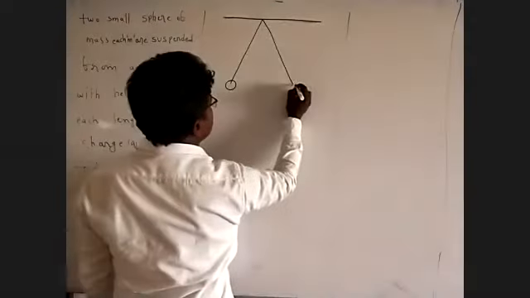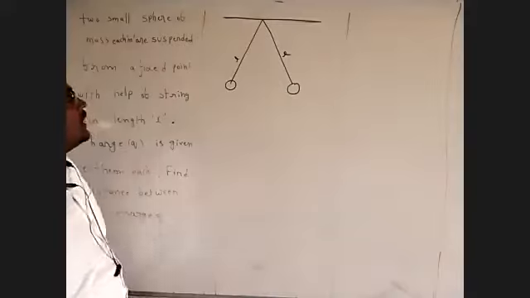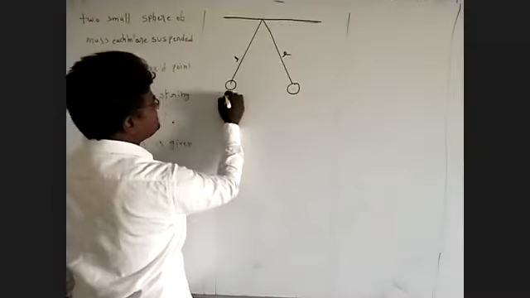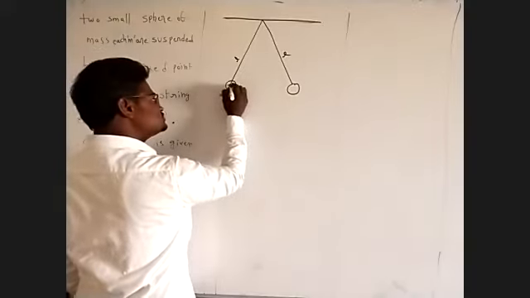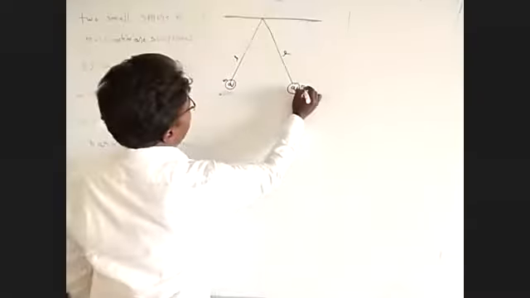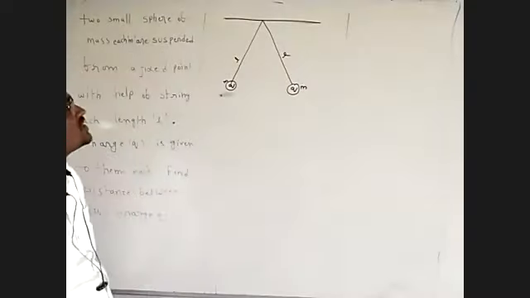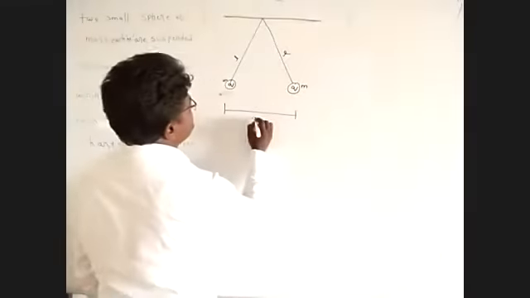This is another string. The length of the string is L, and this has mass m and charge Q. This bob also has mass m and charge Q. Now the distance between the two charges is x.